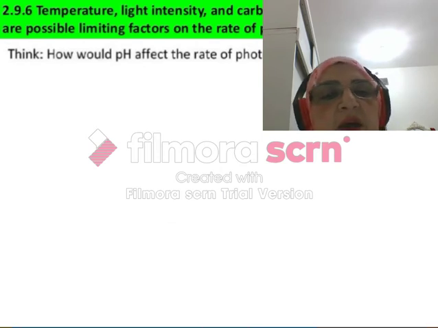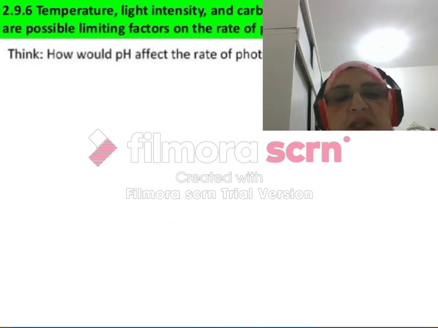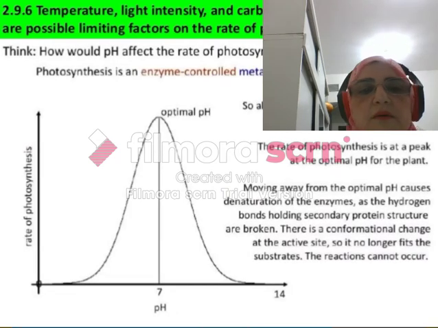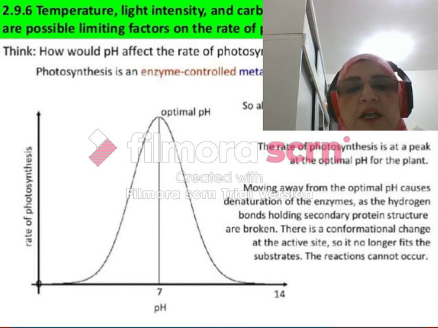Think here, how would the pH affect the rate of photosynthesis? pH is one of the factors that affect enzyme activity, right? Because photosynthesis is an enzyme-controlled metabolic pathway, so all the conditions that apply to enzymes will apply for the rate of photosynthesis.